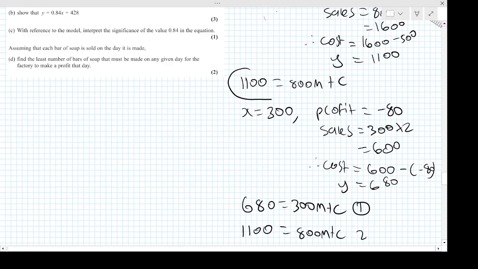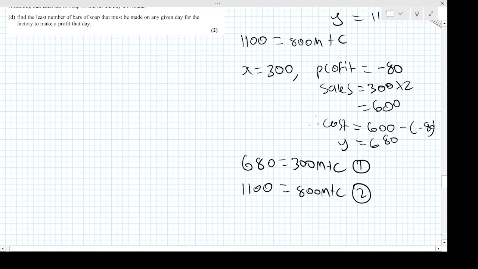If I call that equation 1 and equation 2, then I can solve these simultaneous equations for m and c. Well, I can take them away to get rid of c, can't I? So if I do 1 take away 2, 680 take away 1,100 gets me minus 420, which is equal to 300 take away 800m, which is minus 500m.